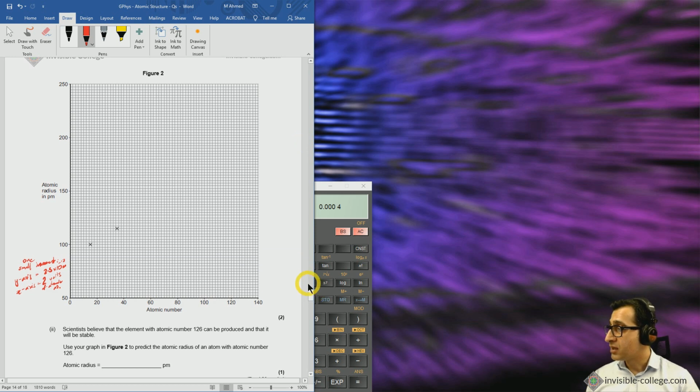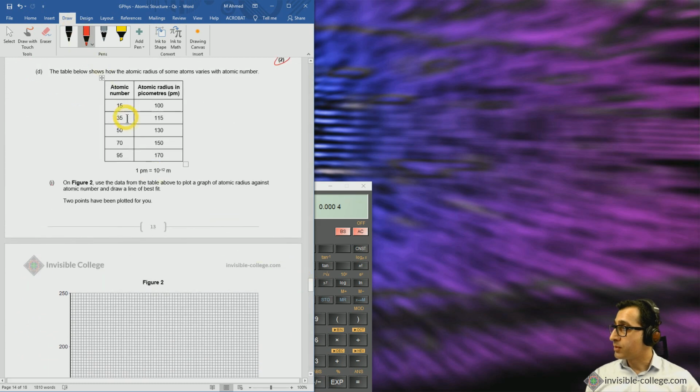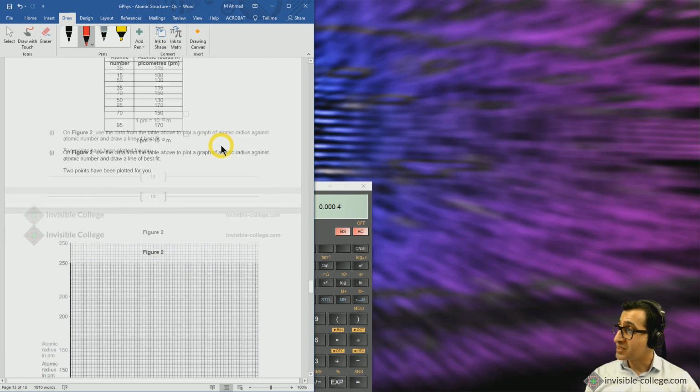So the first 2 points are already plotted for us. The point for atomic number 15 and the point for atomic number 35 are plotted at 100 and 115 picometers respectively. The next one is 50 units of atomic number and 130 picometers.